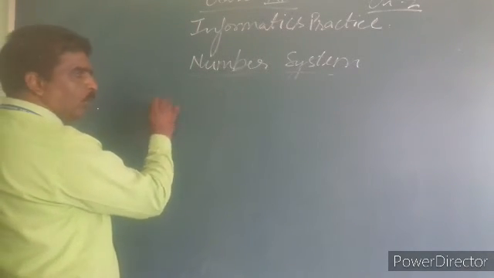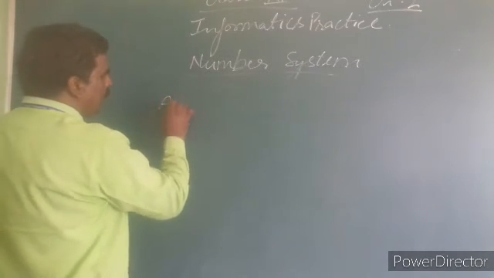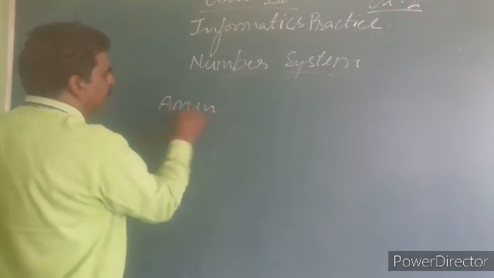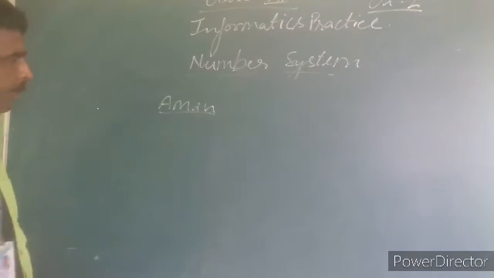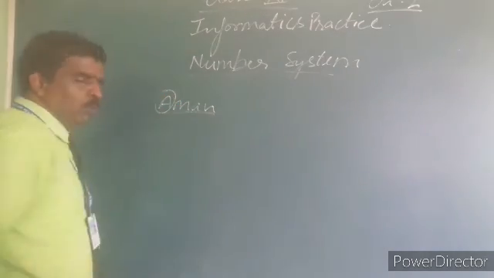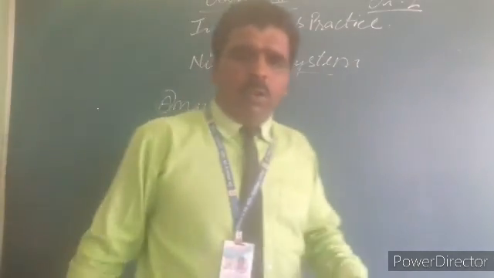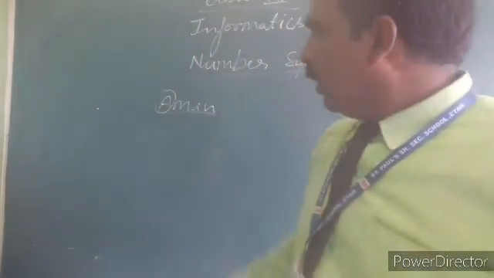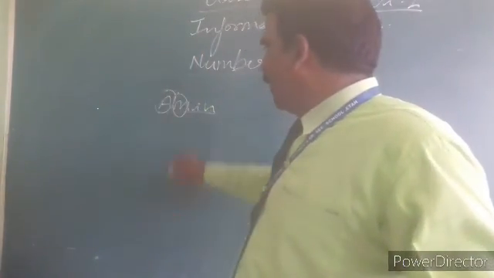I am giving you the example only. Aman is here. For Aman, you have to calculate what will be the ASCII value. For M, what will be the ASCII value.